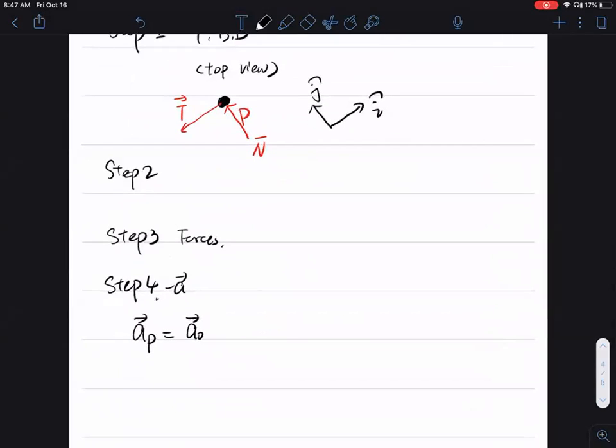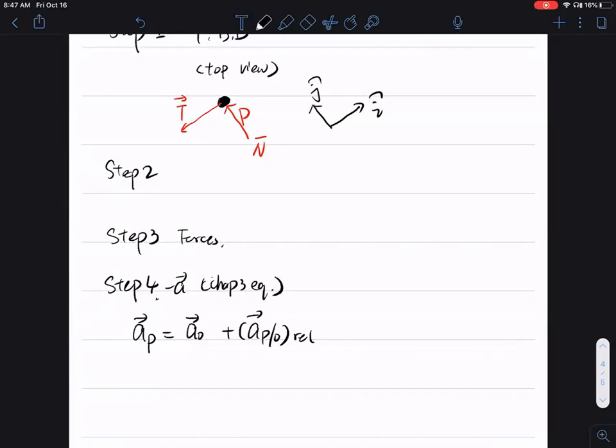So AP, from this chapter 3 equation, AP equals AO plus AP/O relative. Remember that? The memory should come back.